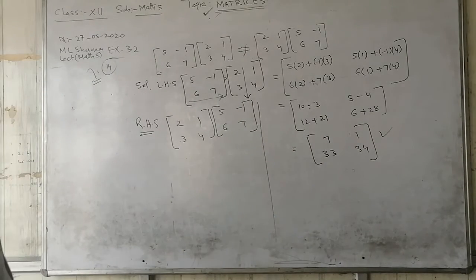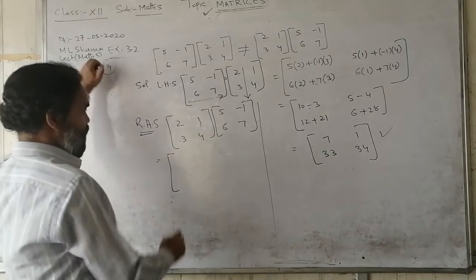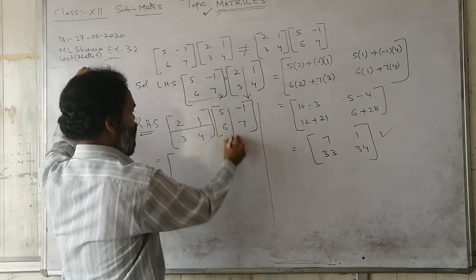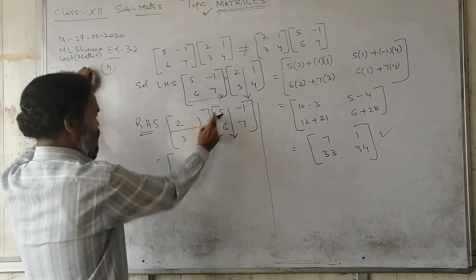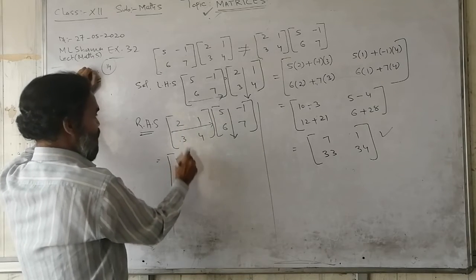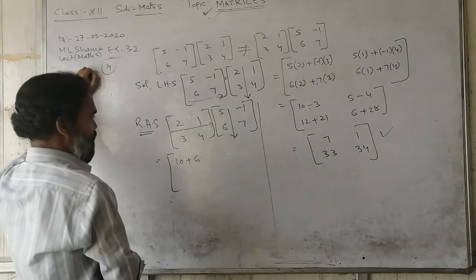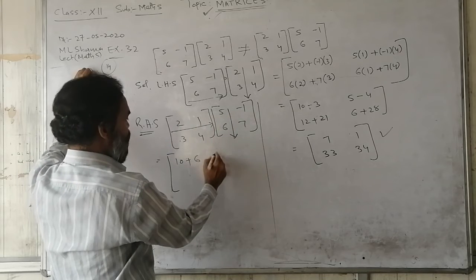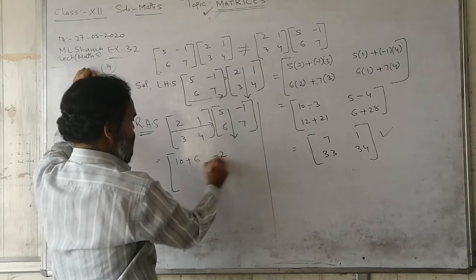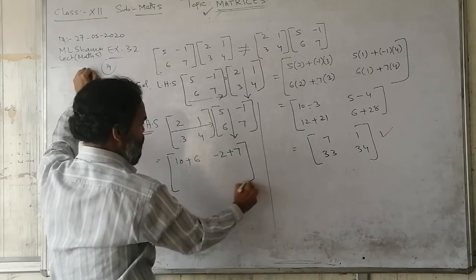Using same rule, again if I multiply the row into column elements, first row with first column, so 2 into 5 it will be 10, then 1 into 6, 6 will be here, again this row and this column, so 2 into minus 1 minus 2, 1 into 7, this will be 7.